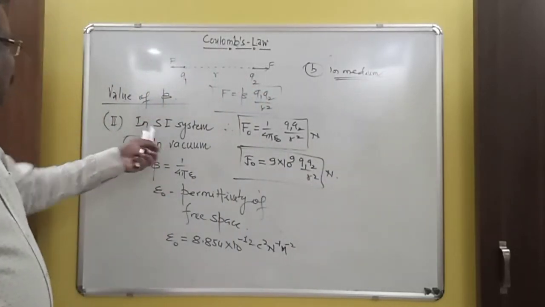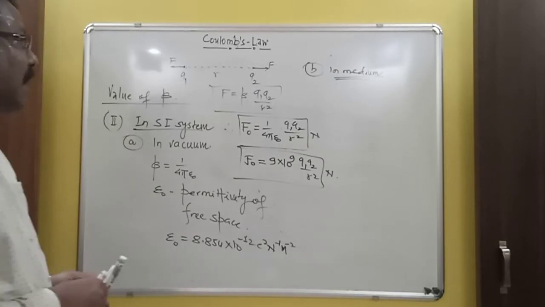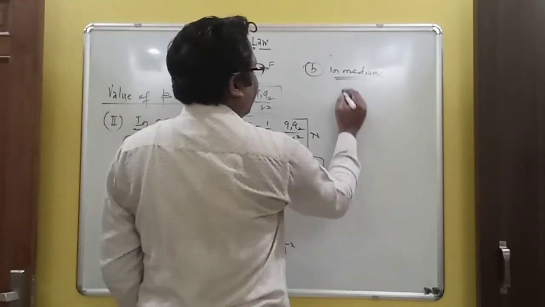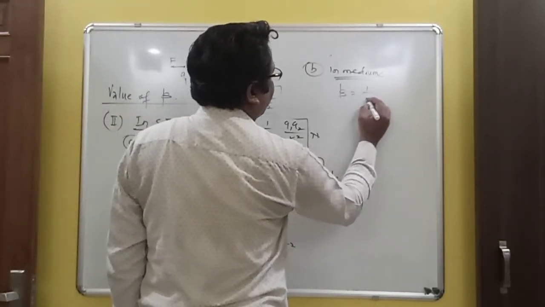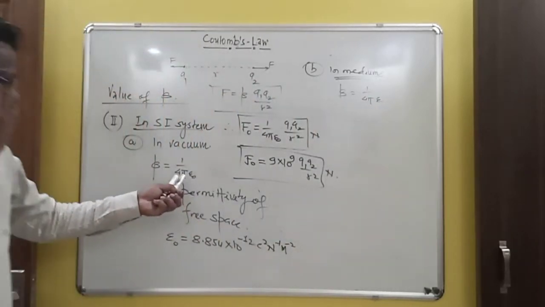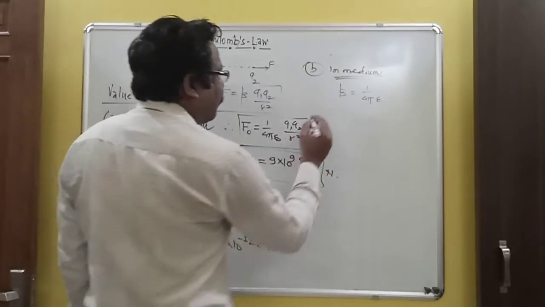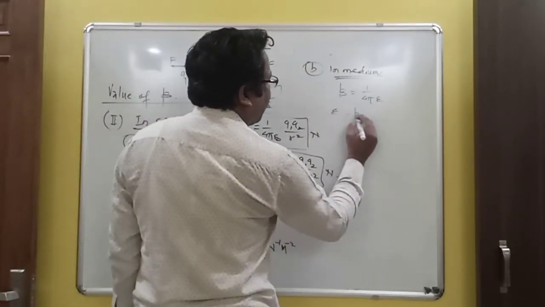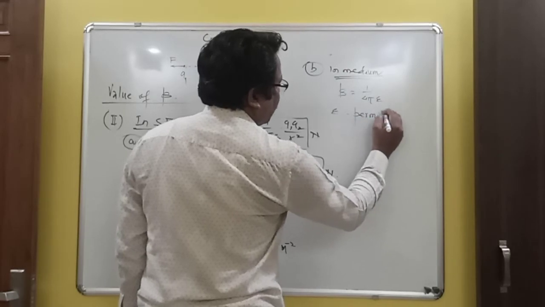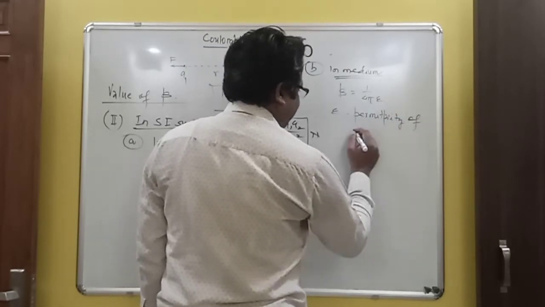in SI system and in medium, this beta is taken as 1 upon 4 pi epsilon. Here it was epsilon naught, there it is epsilon. What is that epsilon? It is the permittivity of medium.